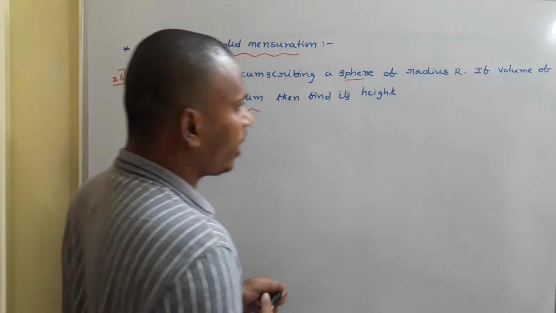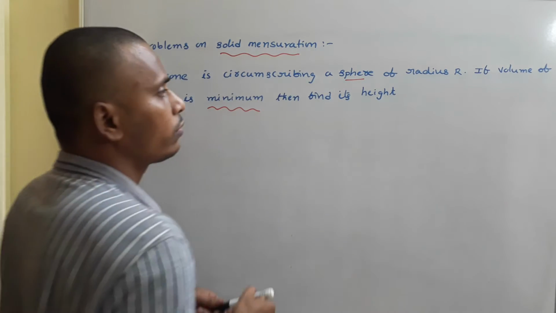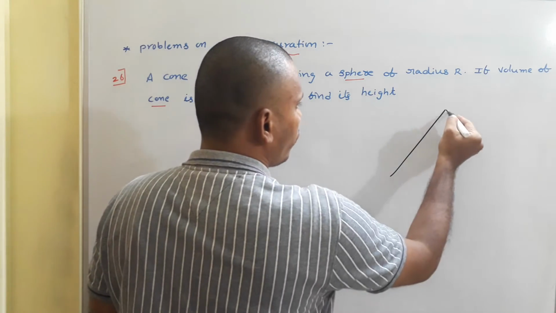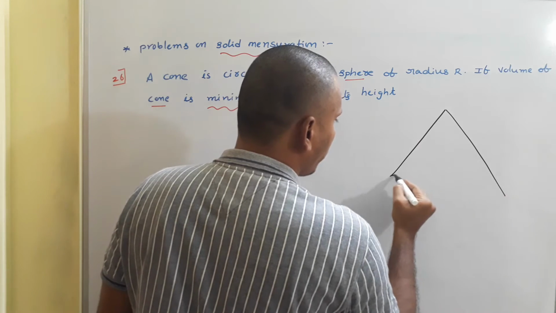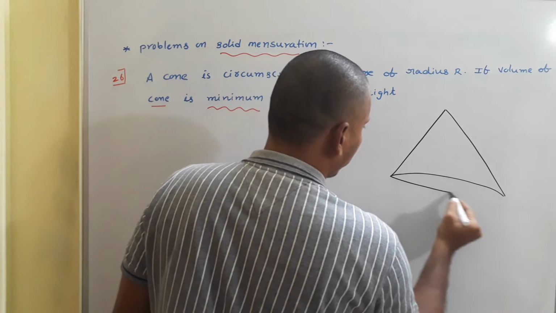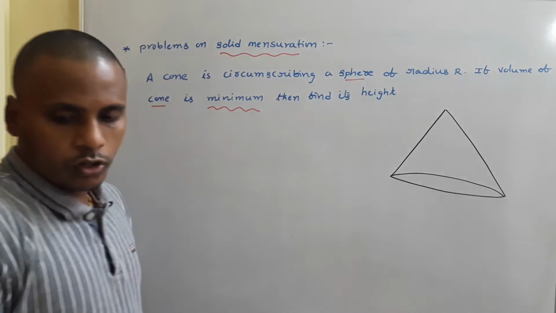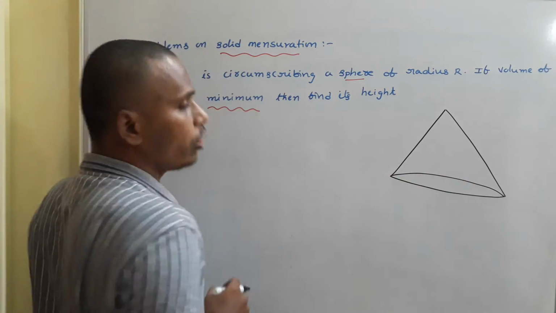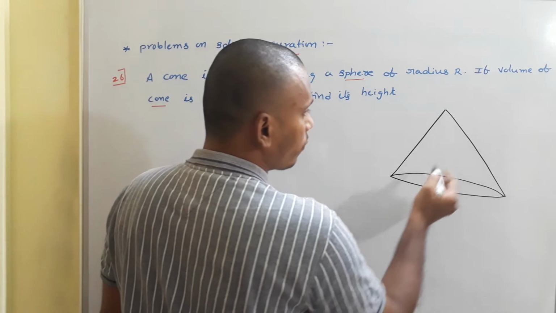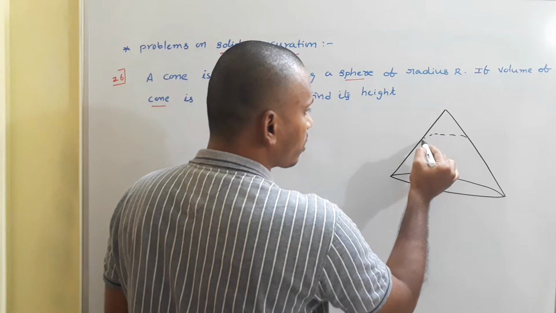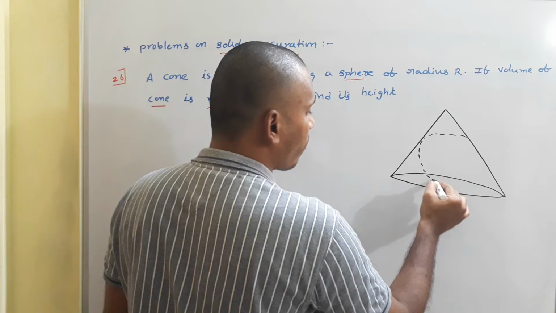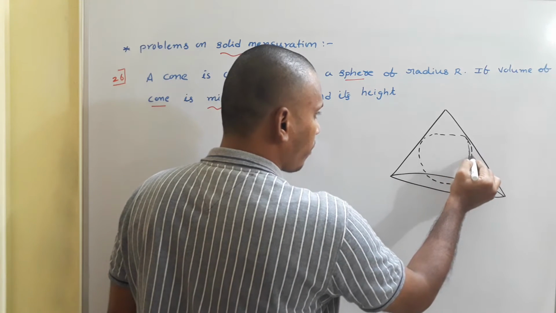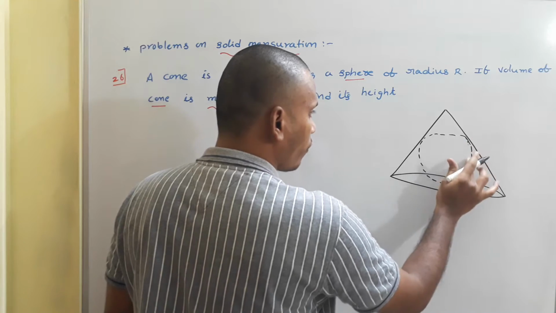Suppose you take a particular cone in which the sphere is inscribed. Suppose I have a cone, and this is the cone in which the sphere is inscribed. Since we are searching for the minimum value, if we inscribe a sphere in a cone having minimum volume, for sure it touches the circular face of the cone.